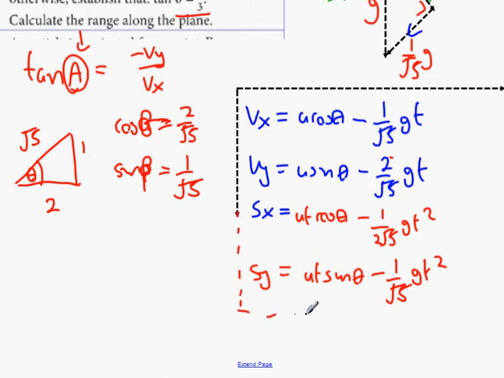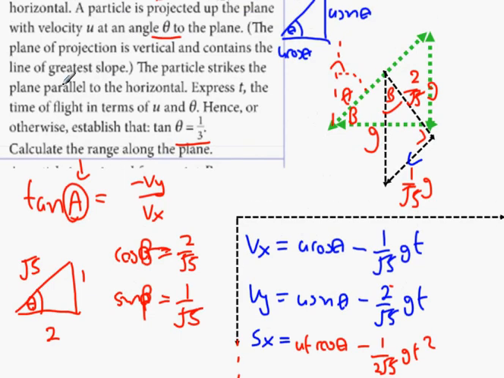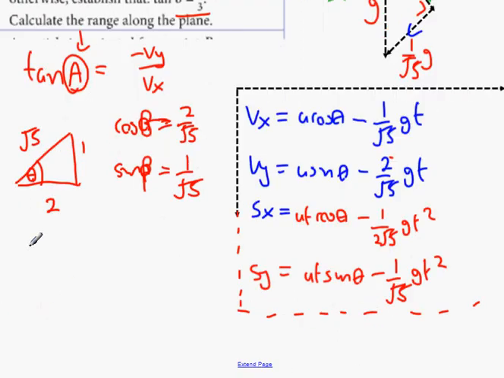Now, there's 2 pieces of information we know. We want to find the time of flight first. Time of flight is first on our list, okay? So, time of flight is s y equals 0. Which will mean u t sine theta equals g t squared over root 5, moving it over to your side.